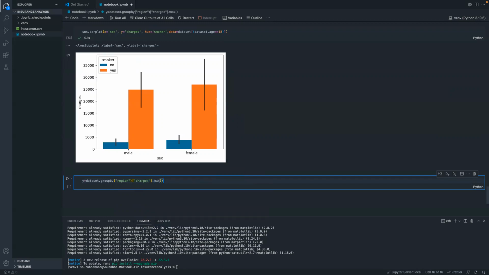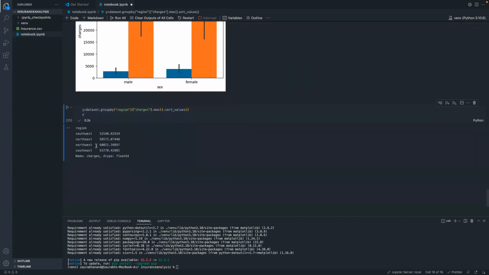And then I also want to sort the values so that I can see which region had the maximum charges. So let's see. You can see Southeast is the region that had the maximum charge. So that was also one conclusion that we got.